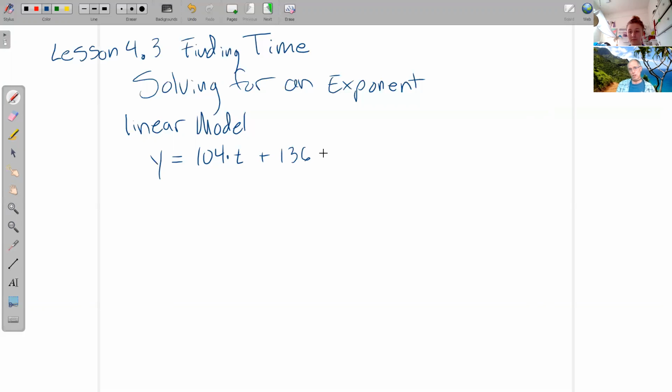And we've solved lots of these throughout the quarter. That's what we did the whole first half. So if somebody said, when does y equal, say, 500, we can solve for t here to make that happen. So we would take the 500 and plug it in for the y, and then we'd get 104 times t plus 136. And I think most of us, to solve this, would first get rid of the 136 because that's the easier thing to do, subtract.